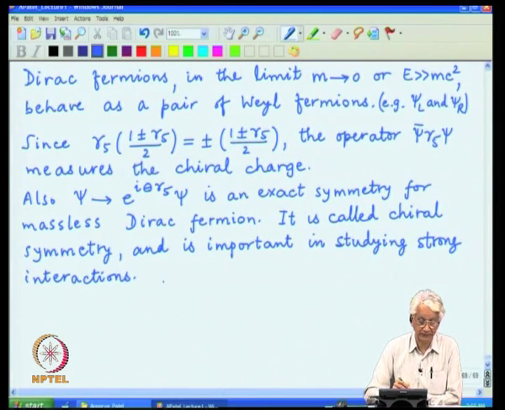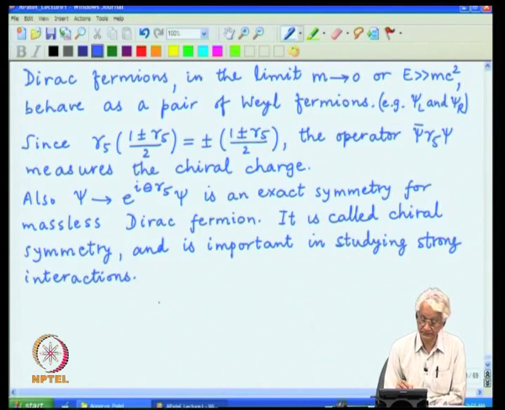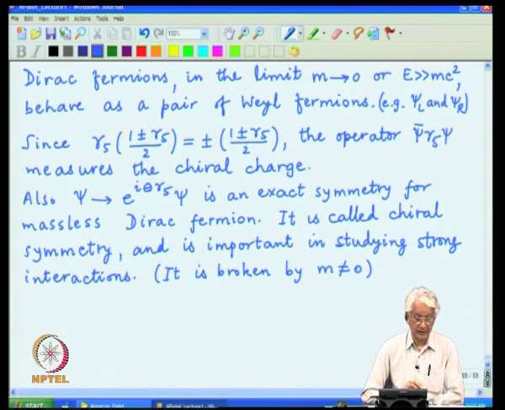But it is important that this is a certain symmetry, and if there is a mass term, it will break this particular symmetry, and that is again a useful concept related to the transformations of left-handed and right-handed components.